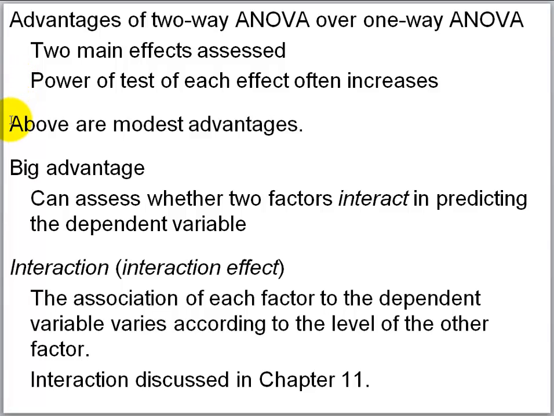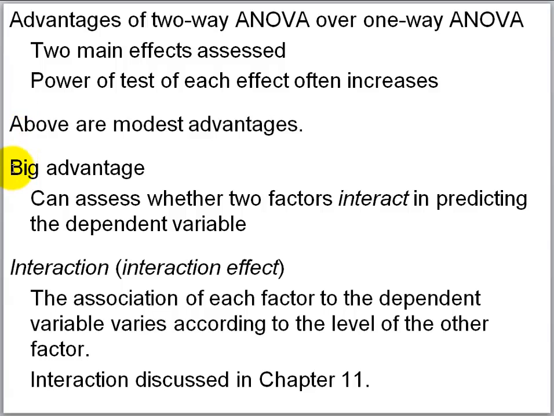Now, these advantages are reasonably modest advantages. The increase in power, for instance, is likely to be quite modest, and further, it's just about as easy to conduct two one-way ANOVAs as it is to conduct one two-way ANOVA.